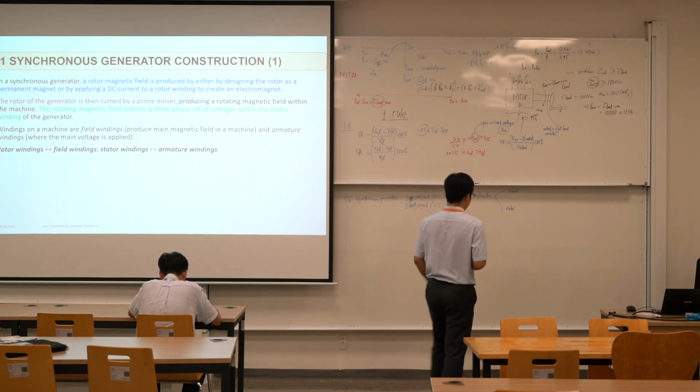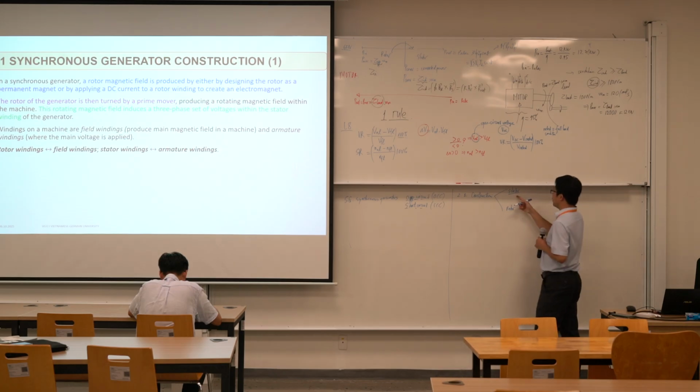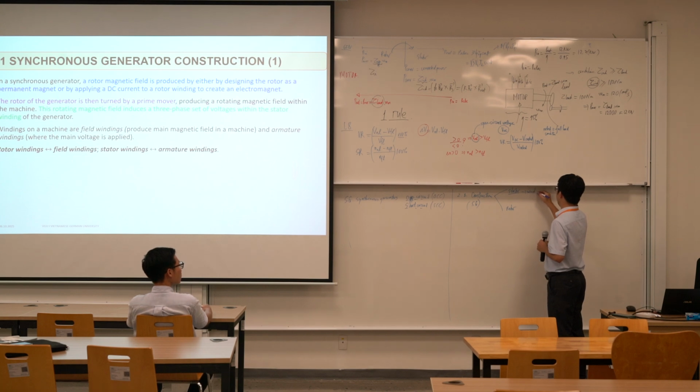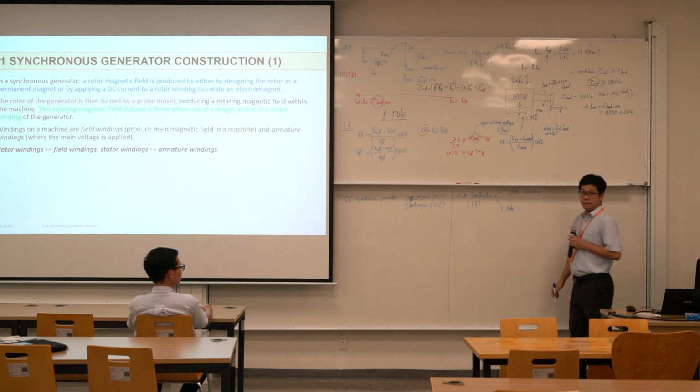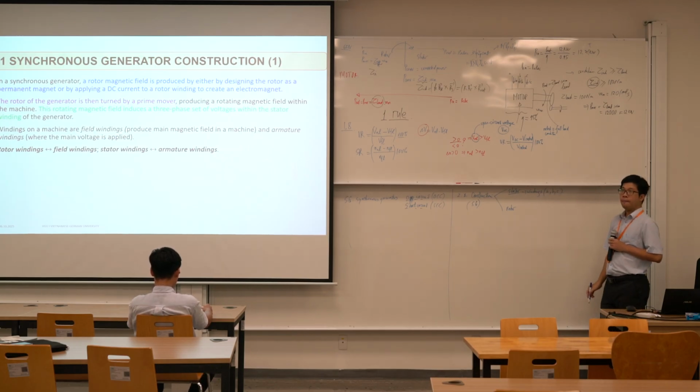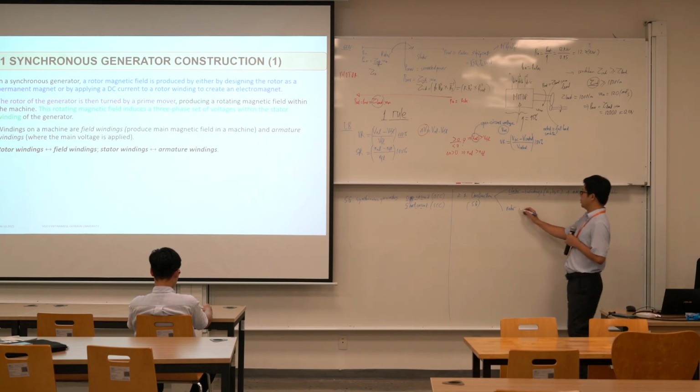We discussed stator. For the stator of synchronous generators, we have winding. How many windings do we have? 3. Phase A winding, phase B winding, phase C winding. And we have the magnetic core of the stator to hold the winding.